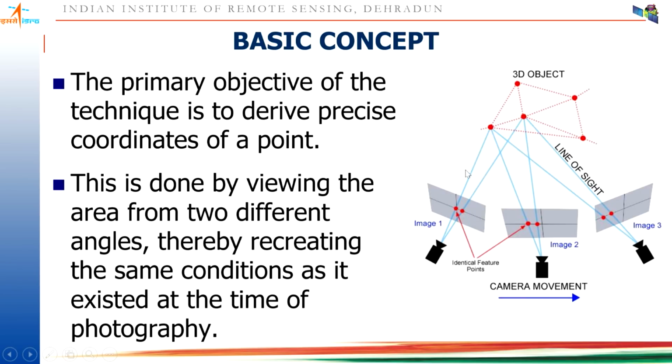Similarly, for the same point, the light ray from the second image is going and intersecting here. From the third photograph, for the same point, the light ray has started and is going there. So all 3 light rays of one point intersect at one particular point. Similarly, the light rays of the second point intersect at another point.